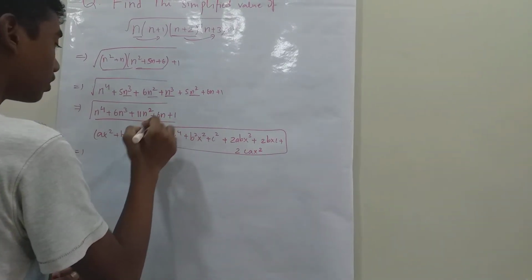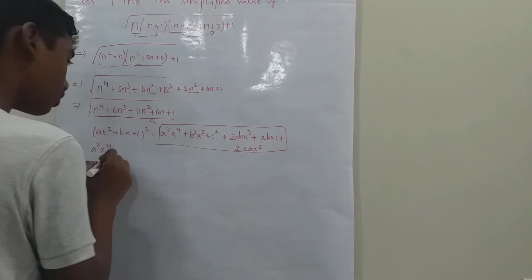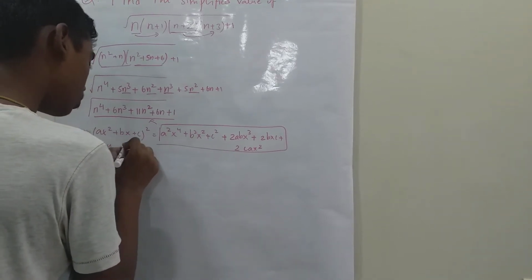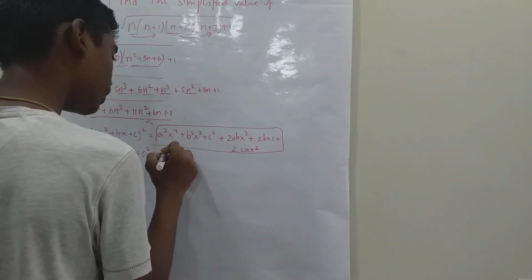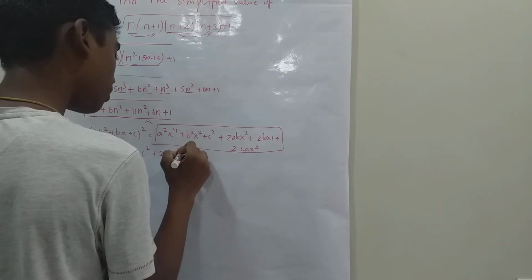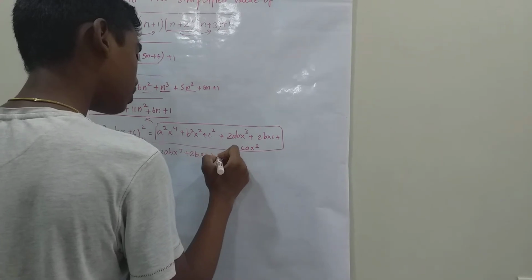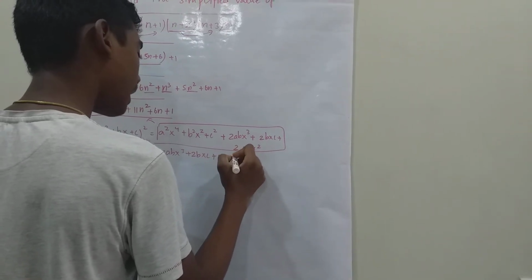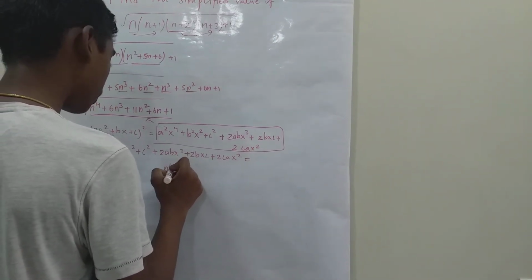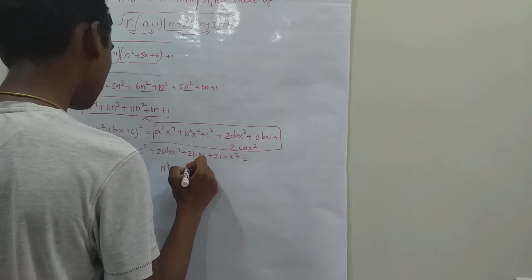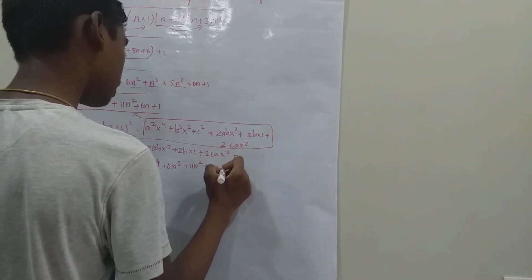equals this. So a squared x to the power 4 plus b squared x squared plus c squared plus 2ab x cubed plus 2bxc plus 2cax squared is equal to n to the power 4 plus 6n cubed plus 11n squared plus 6n plus 1.